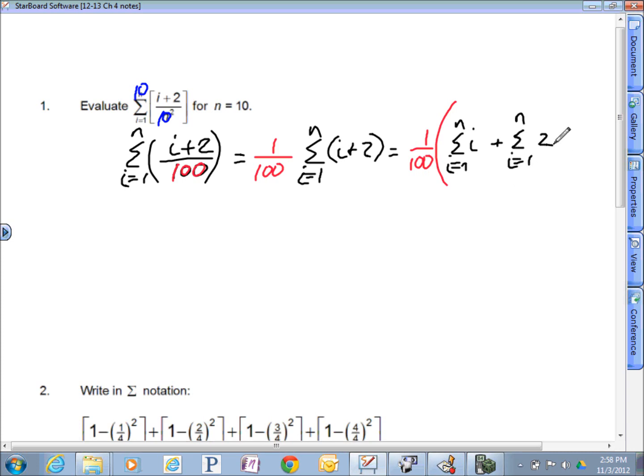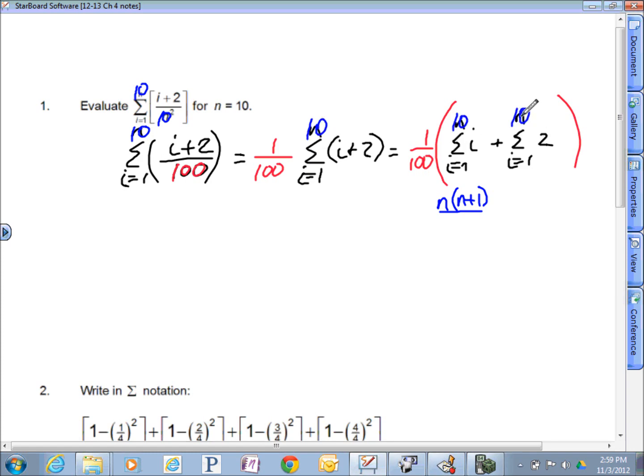Well, now let's bring those shortcuts in. One of the shortcuts a second ago said if I had sigma I equals 1 to N of I, the one that we used, that would be N times N plus 1 divided by, oh, wait a minute, what's N? N is 10. Gosh, why didn't I put 10 in there in place of this N in the first place? I should have, I'm sorry.